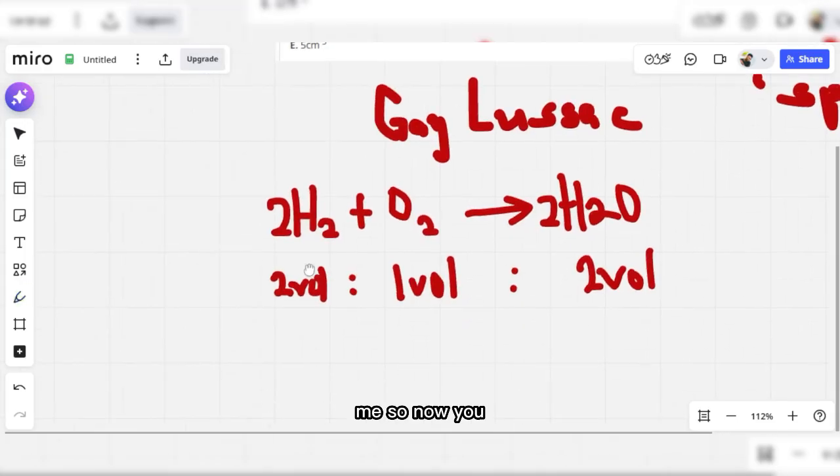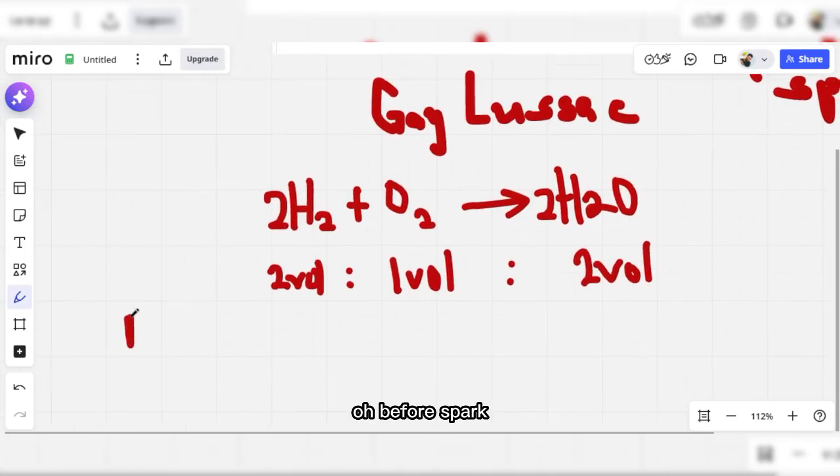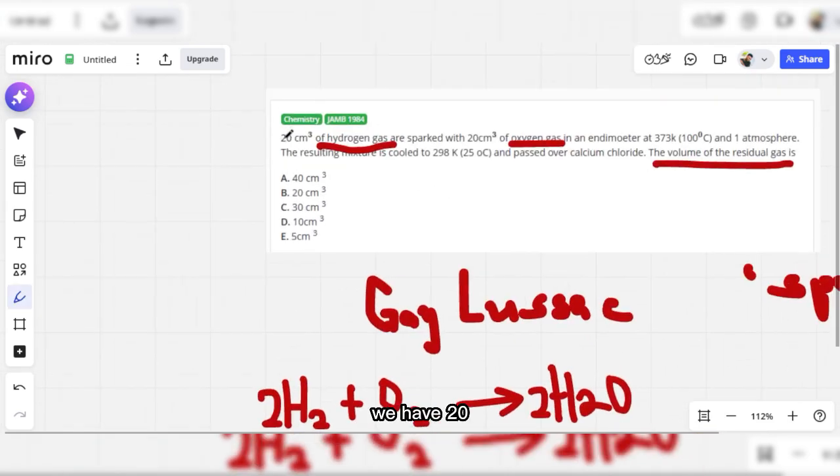Are you getting it? So now you say, okay, before spark is the particular value that they have given you. What's the volume of hydrogen that was given? What's the volume of oxygen that was given? So you go back to the question. We have 20 of hydrogen, 20 of oxygen.